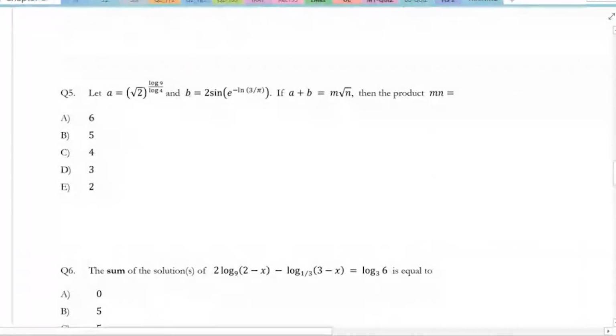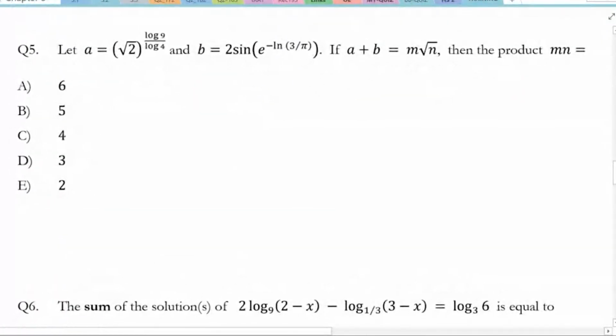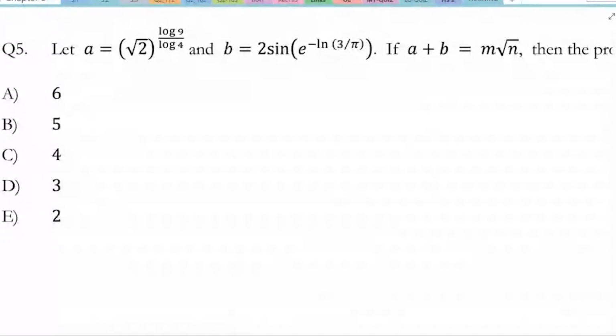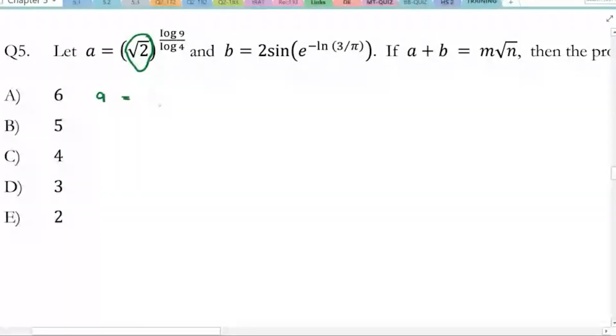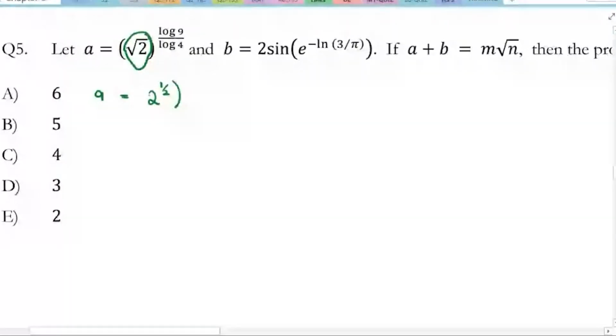Okay, now let us proceed. This is another beautiful question which combines section 4.4 and of course section 5.2. Here we are going to use change of base. Let us start with A. Here we have the square root of 2, which you can say is 2 to the power of a half.